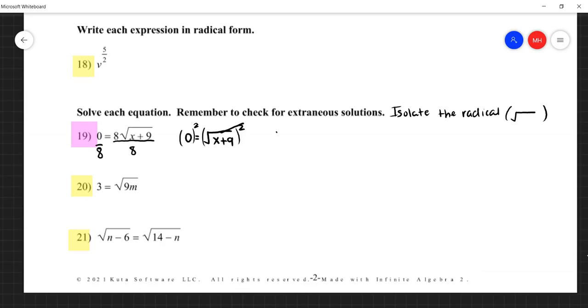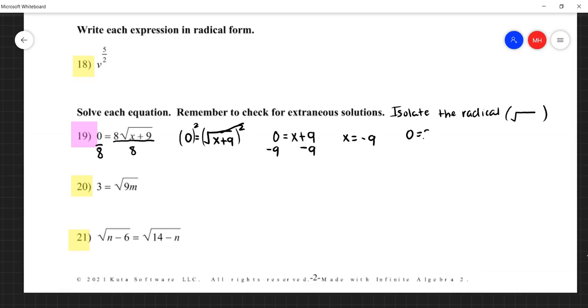0 squared is 0. 0 equals x plus 9, and then to get x by itself, we would subtract 9 from both sides of the equation. So this tells us x equals negative 9. It says to check for extraneous solutions, so even though I got an answer, I do need to go ahead and make sure it works.